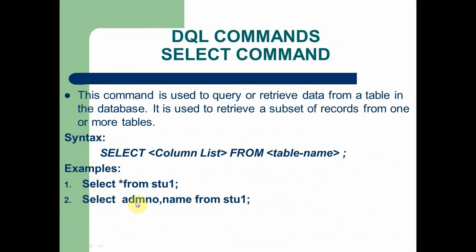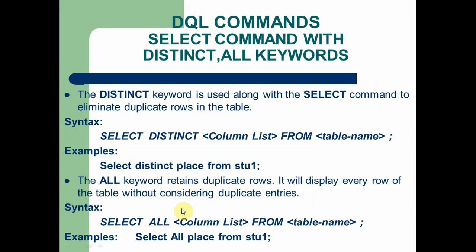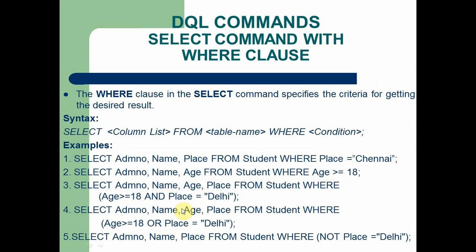Here we display only two columns from this table, but in both commands all the rows are displayed. But if you want to view a particular row from a table, then you should use the where clause with the select command. So here we are using the where clause with the select command to view particular rows from the table.